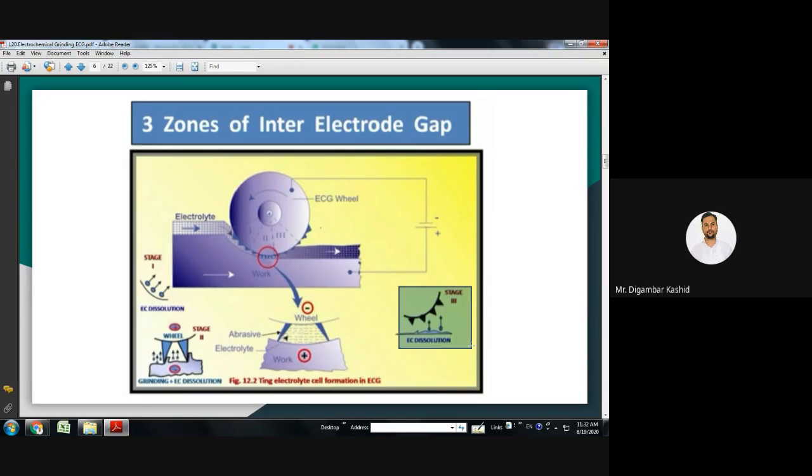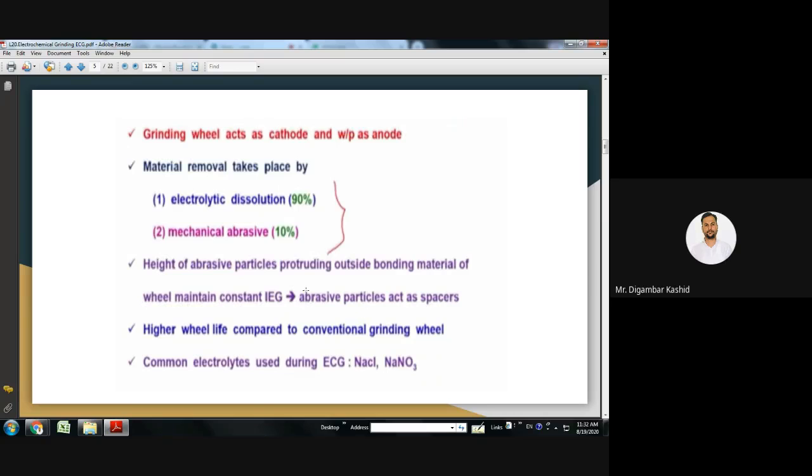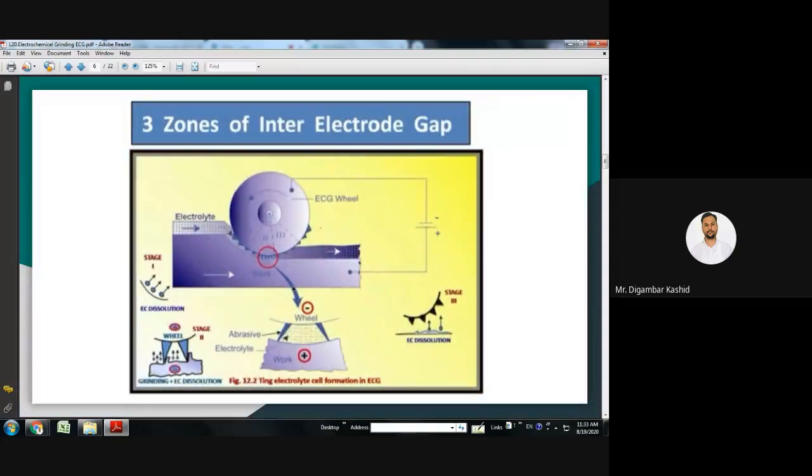This zone contributes to the removal of certain scratches or burrs that might have formed in zone number two on your workpiece. So this is the working principle of electrochemical grinding.